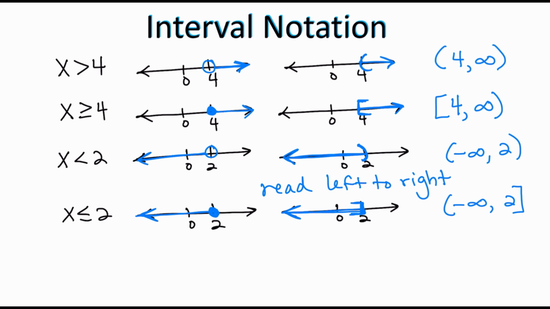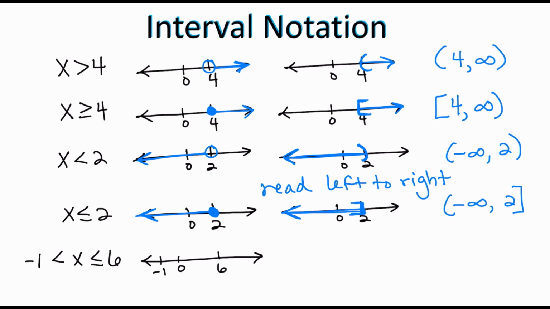Let's go ahead and do a compound inequality, like let's say negative 1 since we haven't seen any negative numbers. Let's go from negative 1 is less than x, less than or equal to positive 6. On a number line, we are going to have 0. Here's positive 6. Here's negative 1.